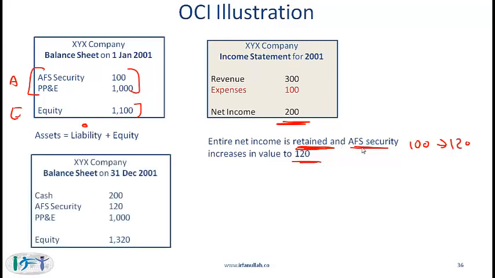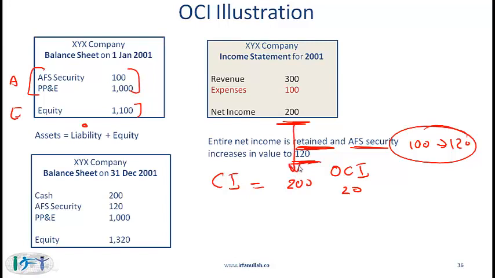Remember, I just mentioned that the increase in value of an AFS security is part of other comprehensive income. This increase of 20 is shown as other comprehensive income. So, comprehensive income for the year is equal to the net income, which is 200, plus other comprehensive income, which is 20. So the comprehensive income is equal to 220.